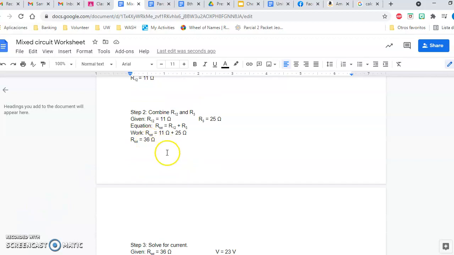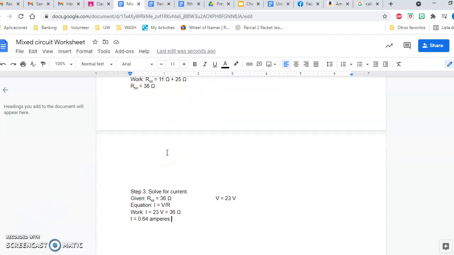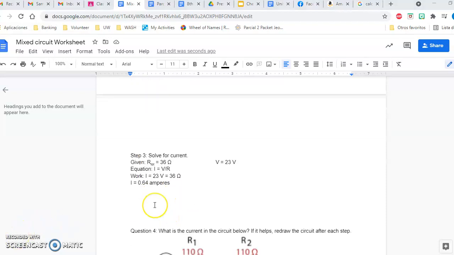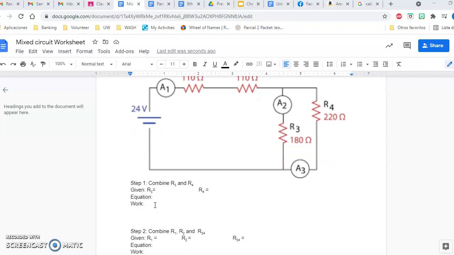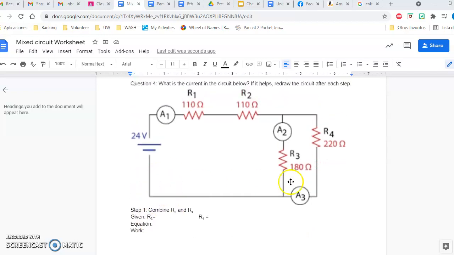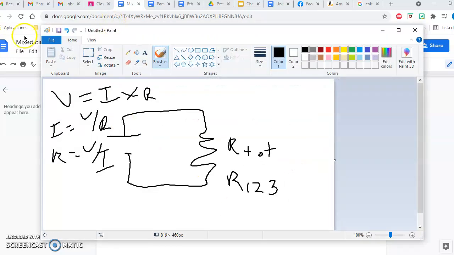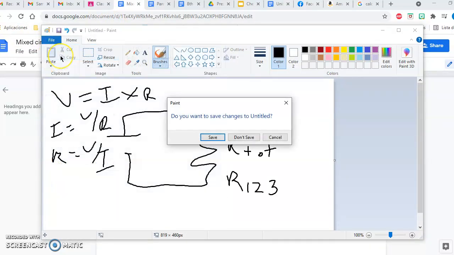I'm going to go through and now show you guys how to set up the rest of these problems, and then I'm going to let you do them on your own. So let's start with question number 4. For step 1, what we need to do is combine R3 and R4 so that we can go from a circuit that looks like this to a circuit that would look like a series circuit.